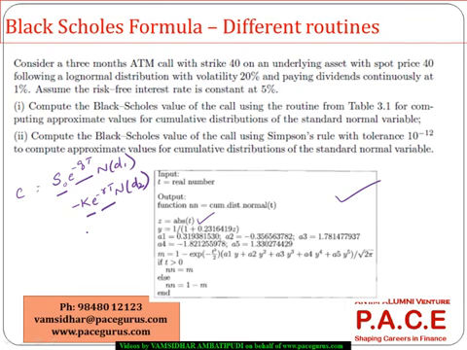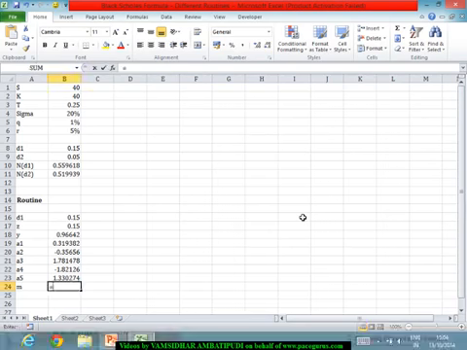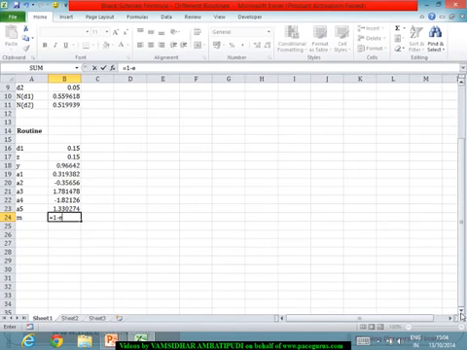Then we are calculating the value of M: 1 minus e to the power of minus t squared by 2 times a1y plus a2y squared plus a3y cube plus a4y power 4, something like that. So I'll write it as 1 minus e to the power of minus t squared by 2, where t is nothing but my d1.